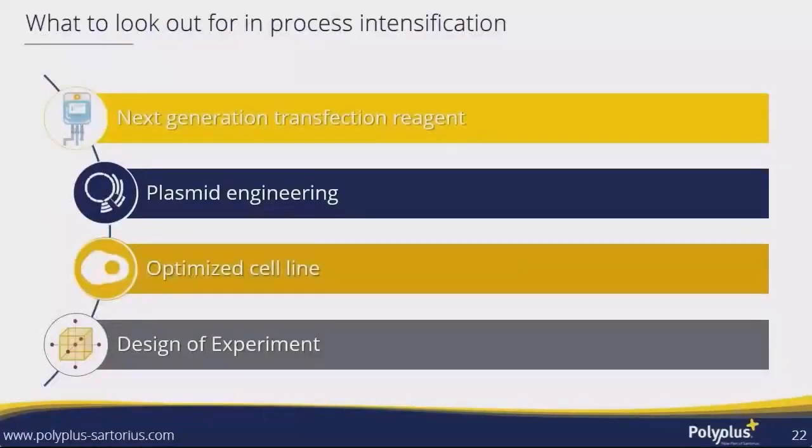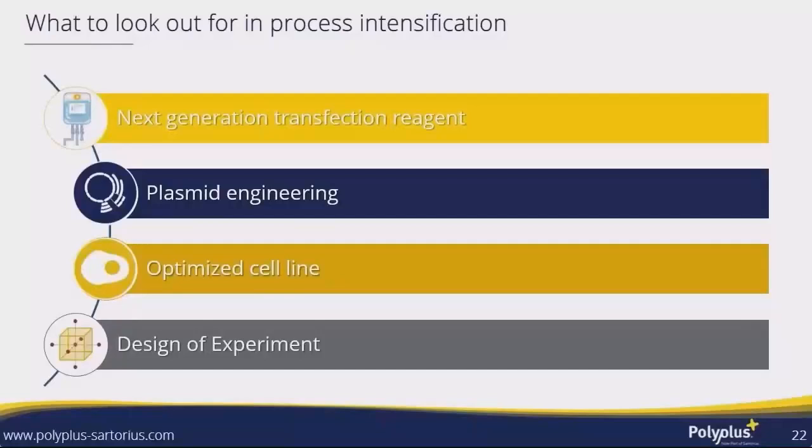So we try to develop a new generation of transfection reagents to meet this demand in higher titer, higher quality of products, but also in better scalability of this transfection reagent to allow customer to move more easily toward larger scale. But we can also work on plasmid engineering. That's a solution that is present at Polyplus nowadays.